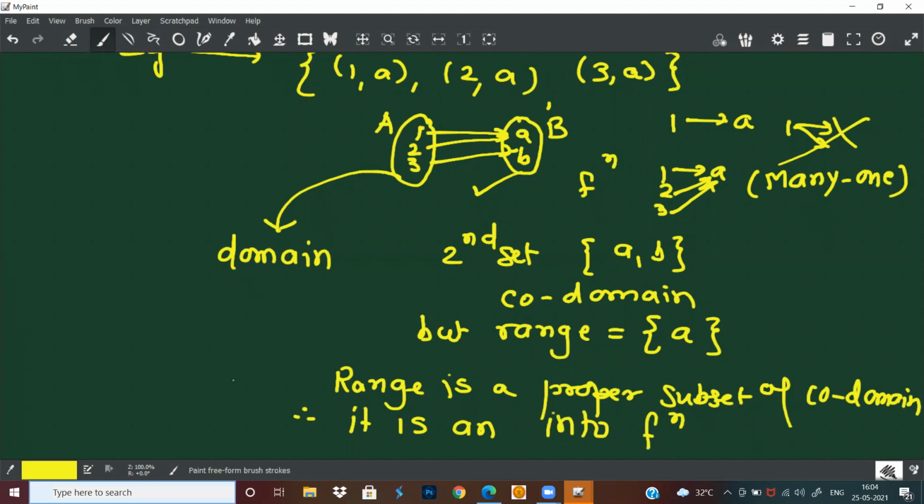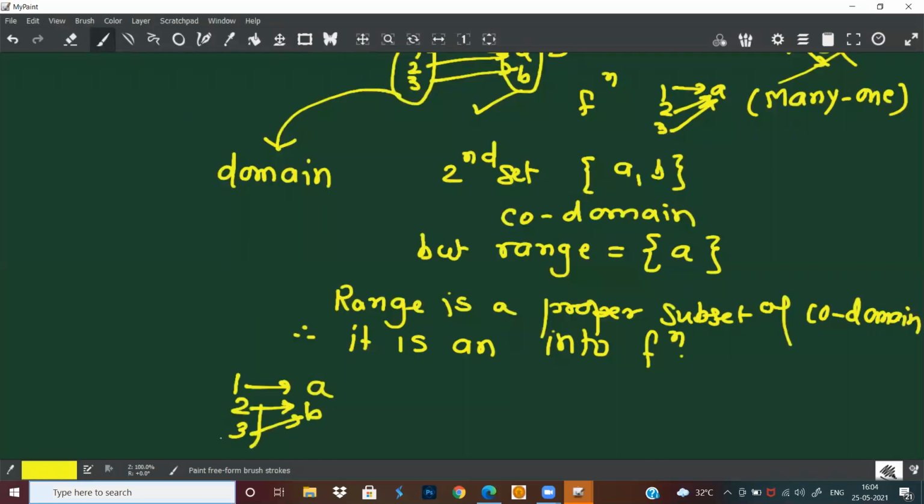अगर ऐसा होता कि 1 is going to A, 2 is going to B and 3 is also going to B, ऐसा होता तो see, more than one are going to B. So ये होता many to one. But yeah, codomain and range would have been equal. So this would have been an onto function.